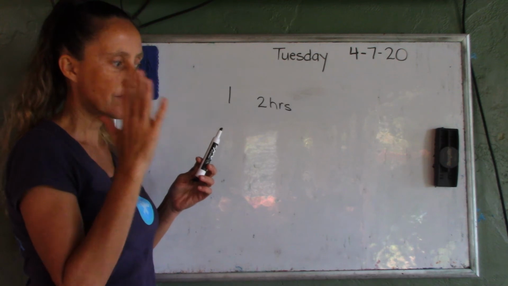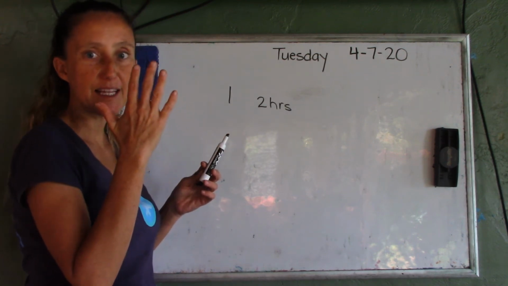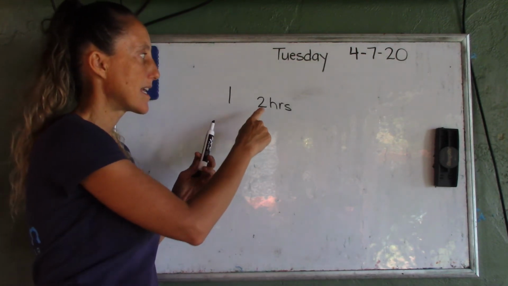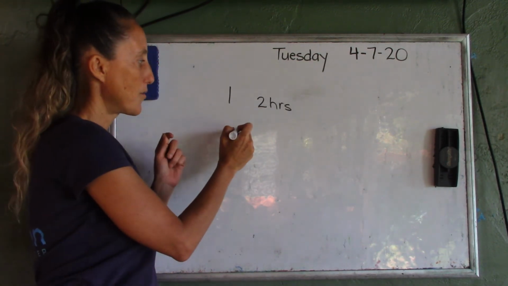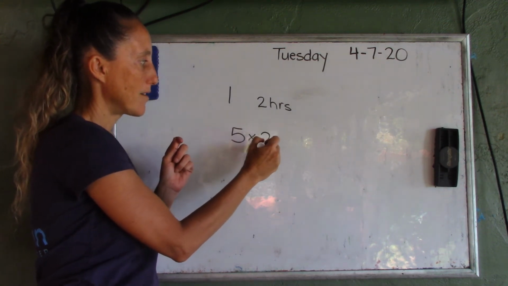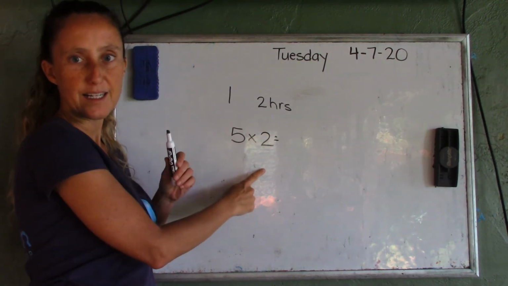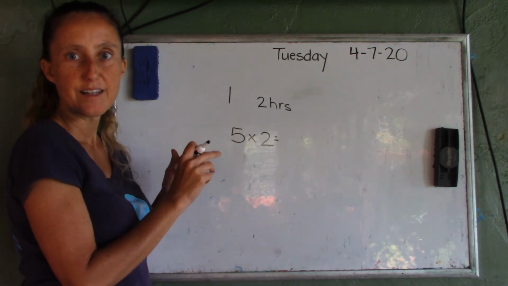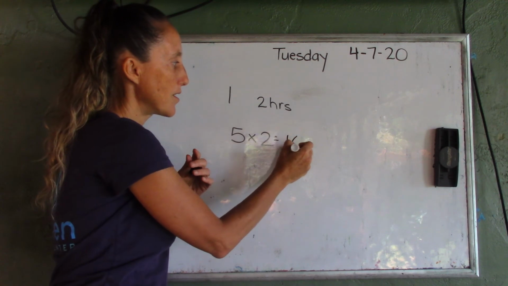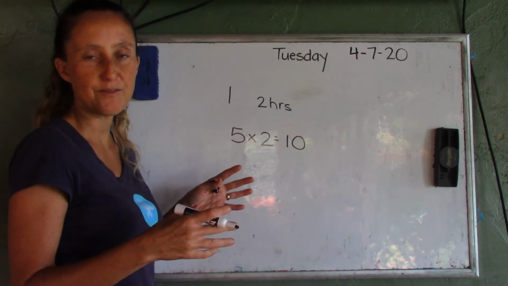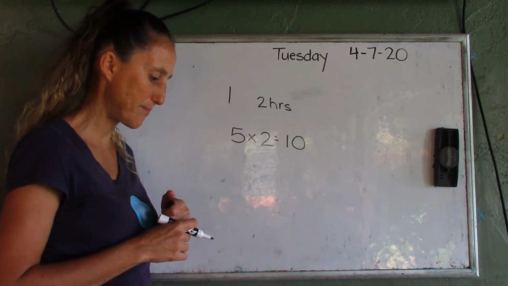How do we figure that out? We take the number of weeks, 5, and we multiply it times how many hours. So it's 5 weeks times 2 hours. What are 2 5s? 10. You're right. So he would be going to jiu-jitsu for 10 hours in a period of 5 weeks. Good job.